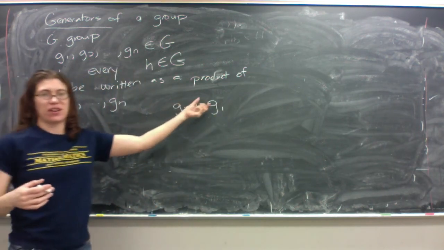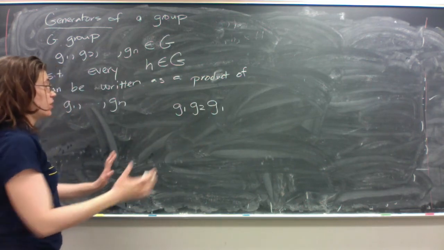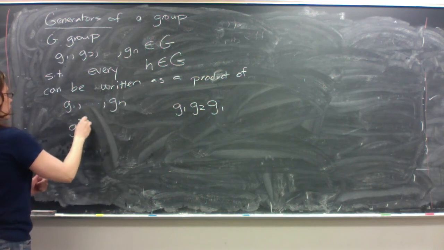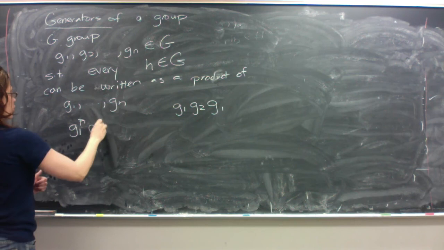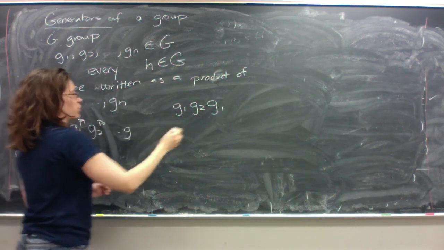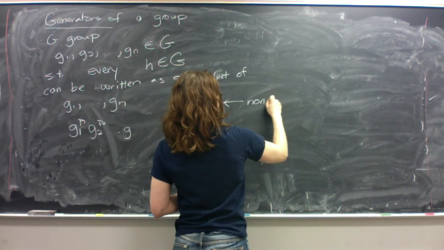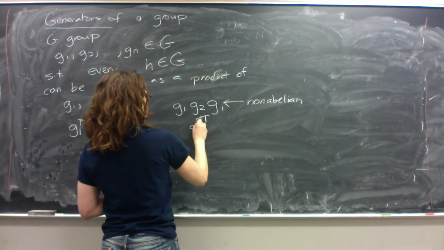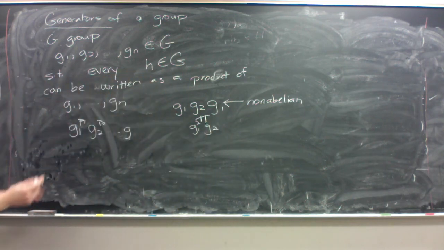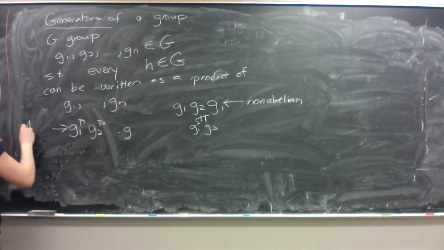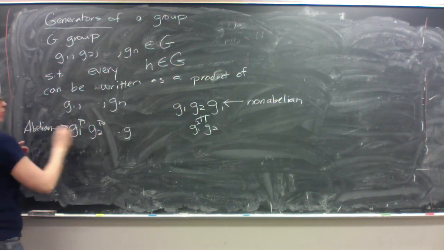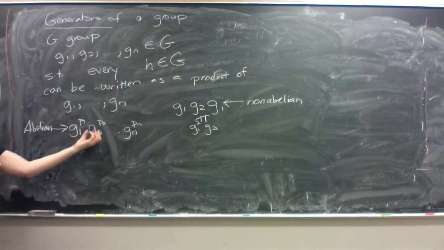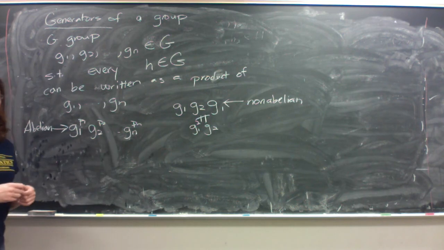So they don't have to be written in order. But if our group is abelian, we can ensure that everything is written of the form g1 to the p1, g2 to the p2, so this is non-abelian. This will not be equal to g1 squared g2, or won't necessarily be, but if we are abelian, we can ensure that everything is of the form, just combine all the g1s together, combine all the g2s together, combine all the gn's together.